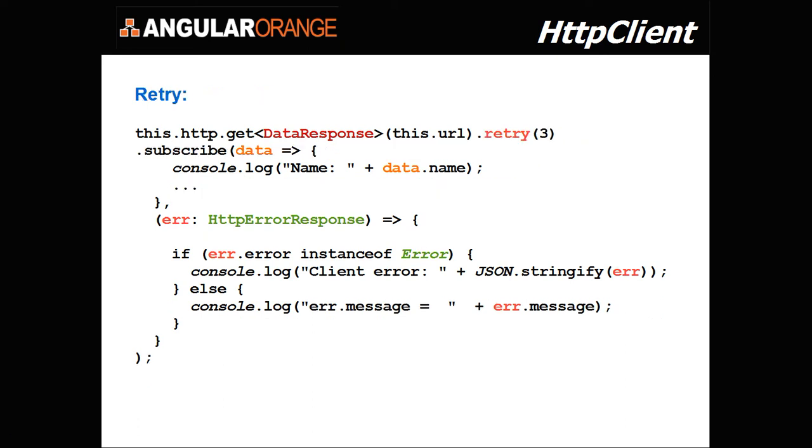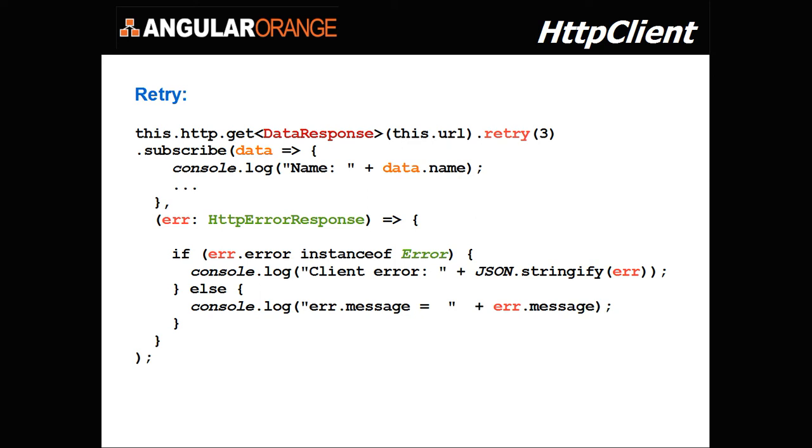Okay, so there's this retry option, and you could do a get on your HttpClient typed http attribute. Basically when you do a get on a URL, you could do a .retry, let's say with an option of 3, and it could retry 3 times if there's a failure.